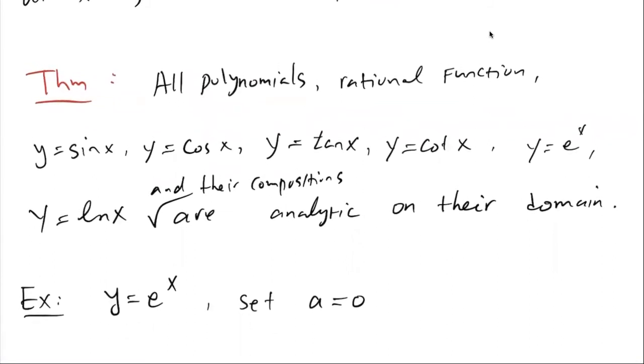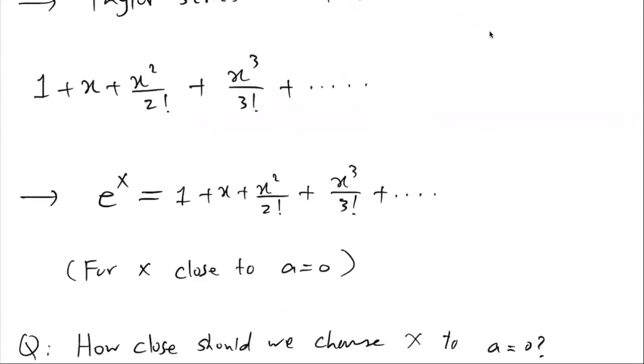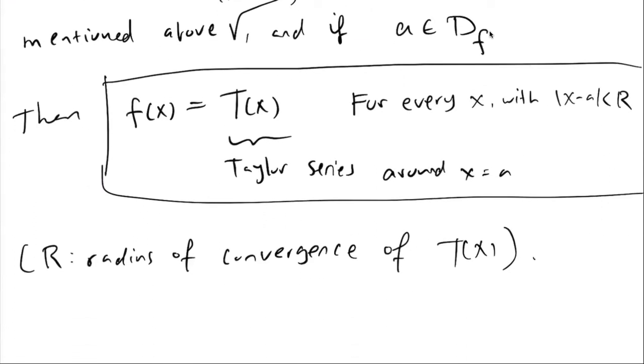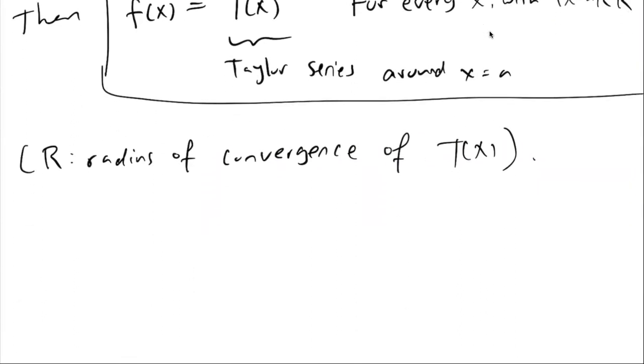So let me call this one theorem star, just to specify which f of x I mean here. I can say for f of x, one of the functions mentioned above in theorem star, and if a is in domain of f, f of x and T of x are exactly equal for every x inside the interval of convergence, a minus r to a plus r. So let me apply it to the example above.